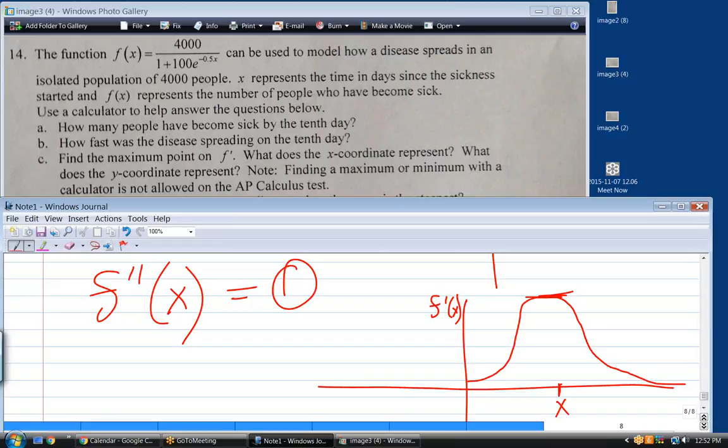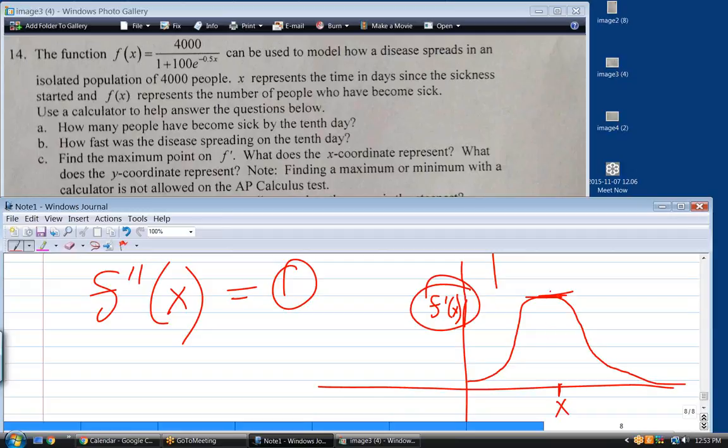Remember what x is: it represents the time in days since the sickness started. So the rate of change is the maximum at that x-coordinate. What does the y-coordinate represent? Exactly what that rate of change is.